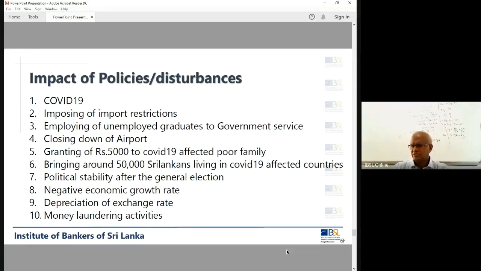Some countries, the developed countries like Australia, say, okay, we can't run the business with this many workers. We are going to lay off and cut employment by 50%, 20%, right? Most of the world airlines, Emirates, Singapore Airlines, cut employment by 10%, 20%, 30%.